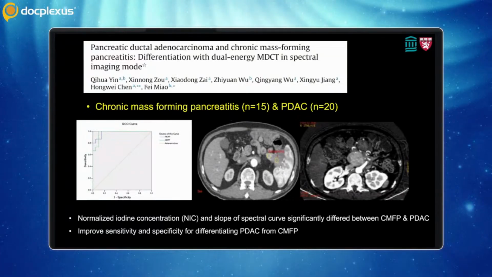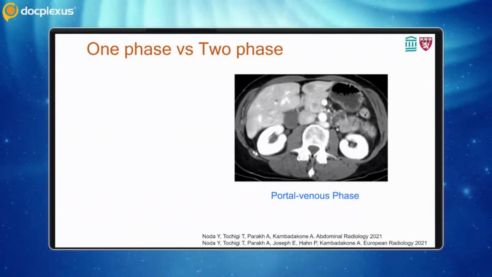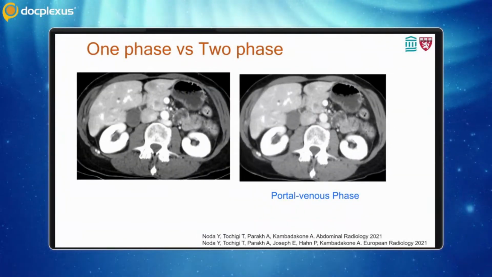Another fascinating advantage of dual energy CT is that it allows you to generate multiple different types of image data sets. We did a hypothesis generating study where, from a single portal venous phase acquisition, we generated a low keV monoenergetic image and tried to see if it could be a surrogate for the pancreatic phase.